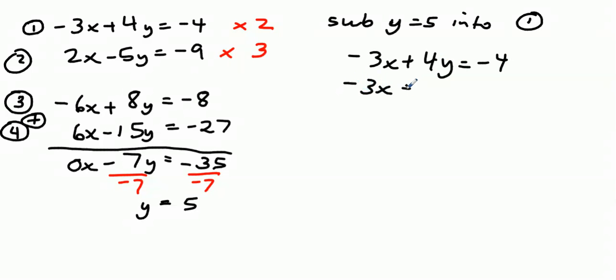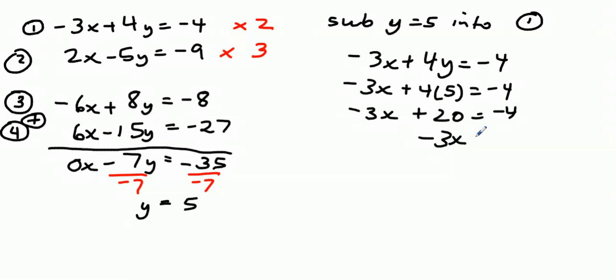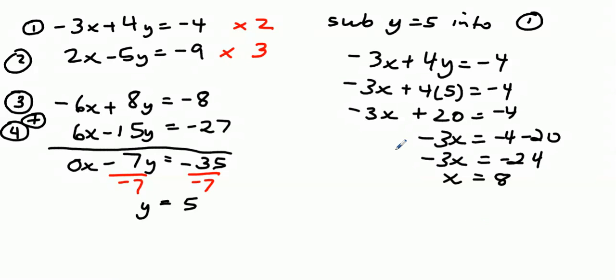Minus 3x plus 4 times 5 equals minus 4. Minus 3x plus 20 equals minus 4. Minus 3x equals minus 4 minus 20. Keep on going here, and we end up with 8 by the time I divide through by minus 3 on both sides there.